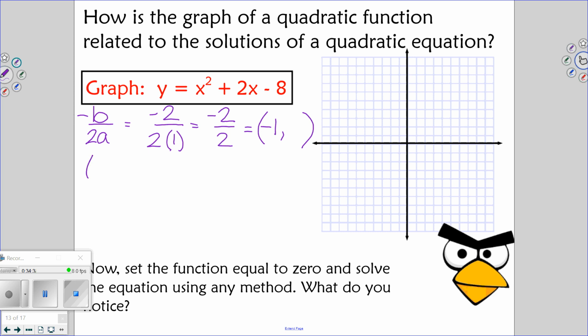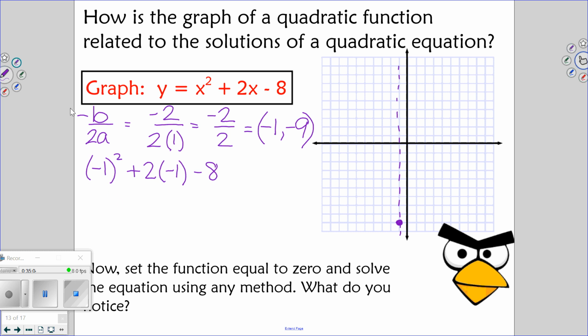Plug it in. So negative 1 in parentheses squared plus 2 times negative 1 minus 8. It would be negative 9. All right, so that's my vertex. So let's plot our vertex at negative 1, negative 9. Again, I prefer to have my little dotted line.